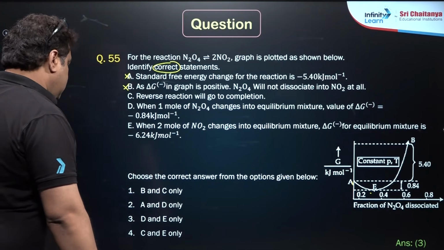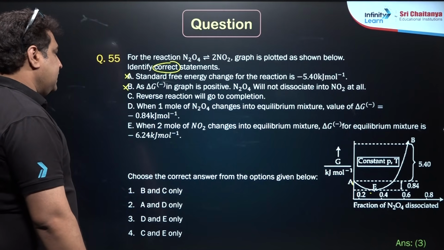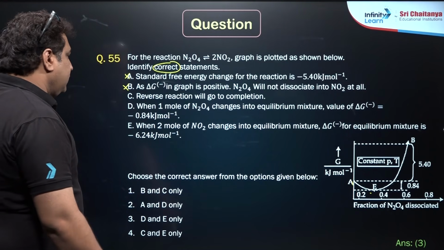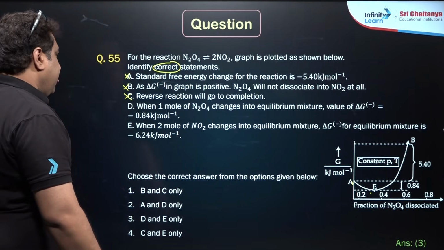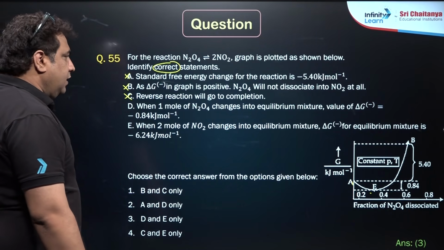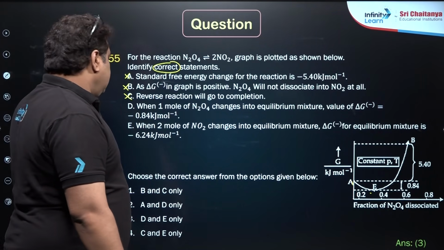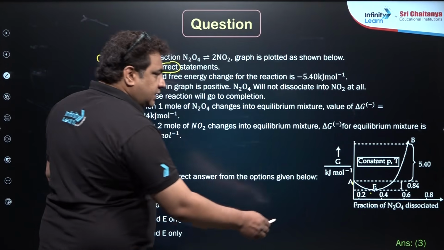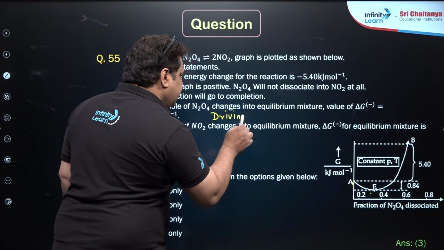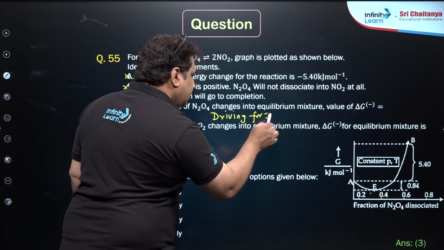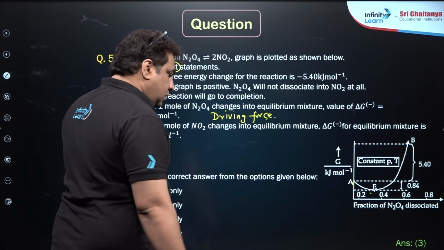Next, the reverse reaction will go to completion, no, because this is equilibrium, so it will not go to completion. Next, when 1 mole of N2O4 changes into the equilibrium mixture, the value of delta G, here you can see this is the driving force. Got it, dear students?